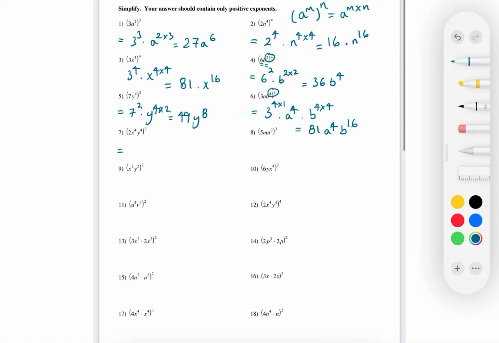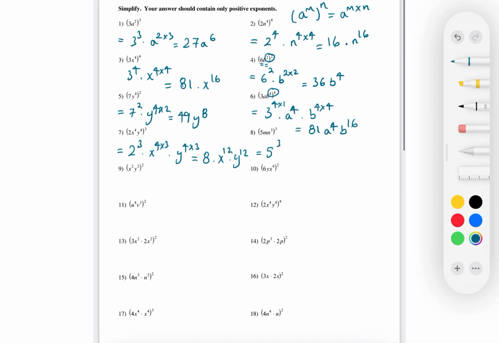And then for 7, you're going to get 2 raised to the power of 3 times x to the power of 4 times 3 times y to the power of 4 times 3 again. So the final answer will be equal to 8 multiplied by x to the power of 12 times y to the power of 12.